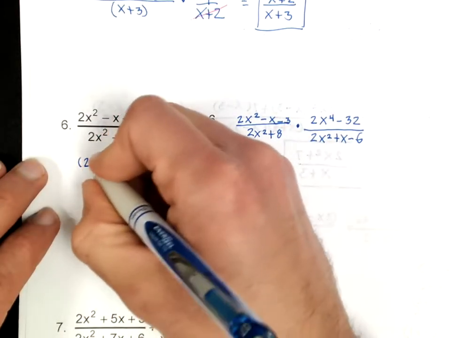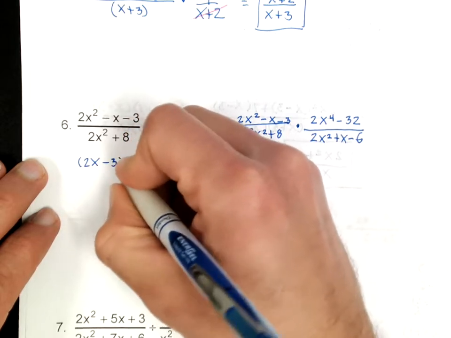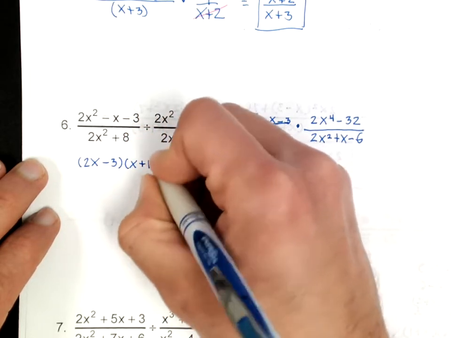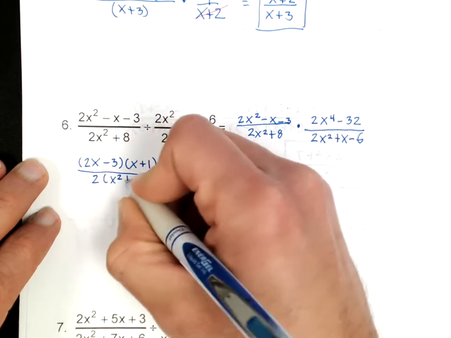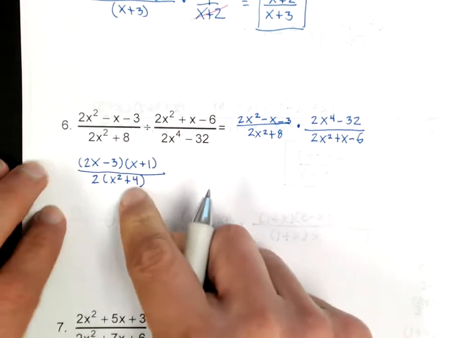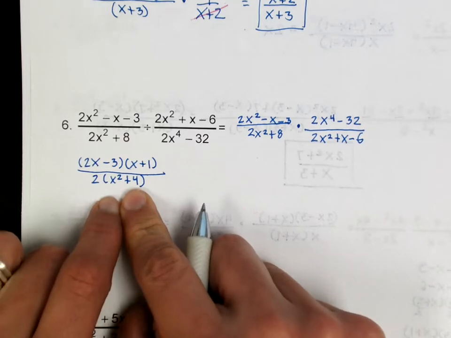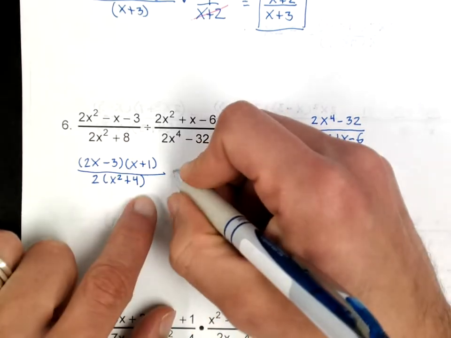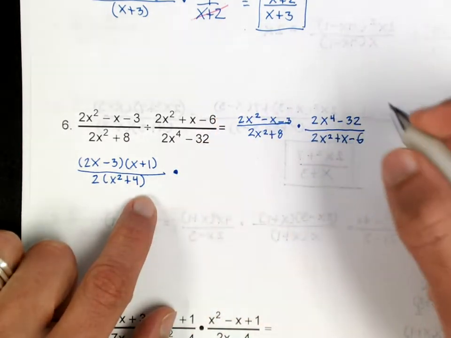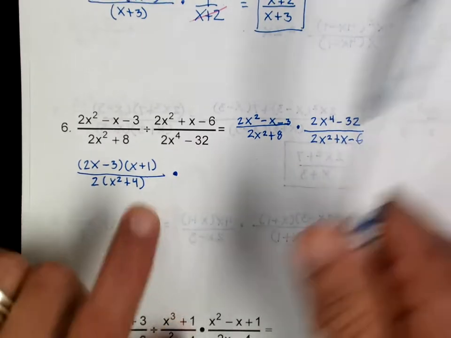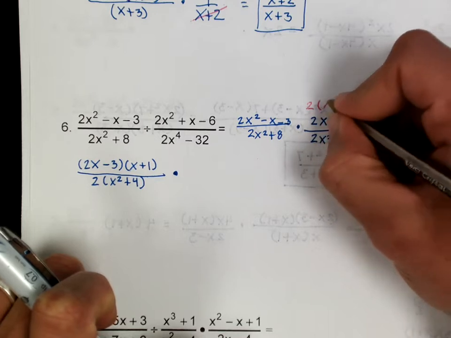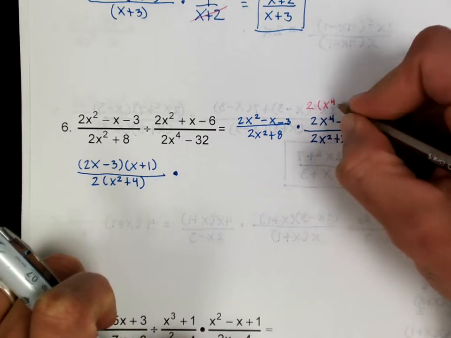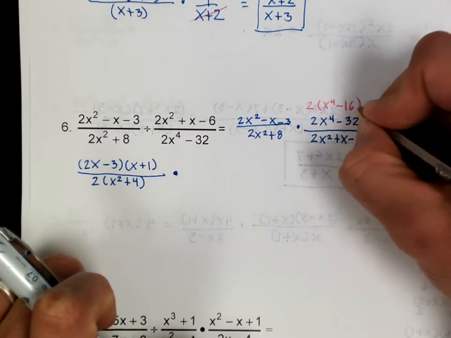I got 2x minus 3, x plus 1 over 2x squared plus 4. Notice that x squared plus 4, you can't really factor that anymore. That's pretty much it. Now this right here, I'm going to do in 2 steps. If I factor out a 2, I get x to the 4th minus 16.